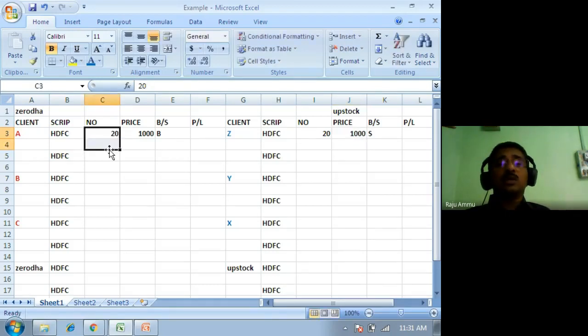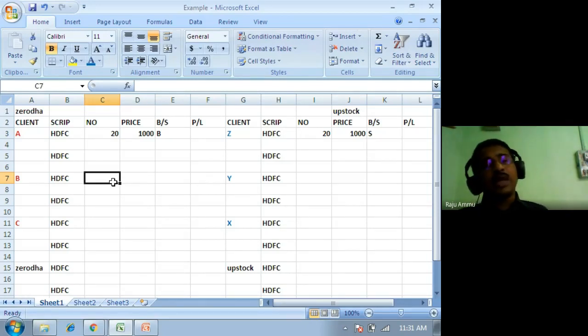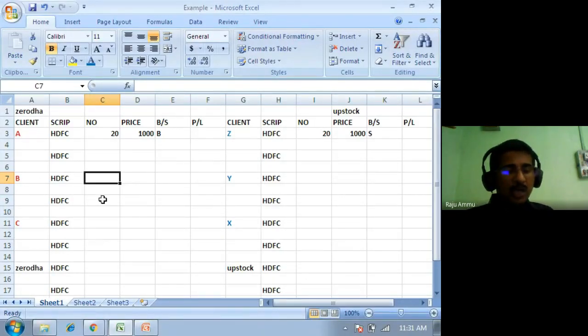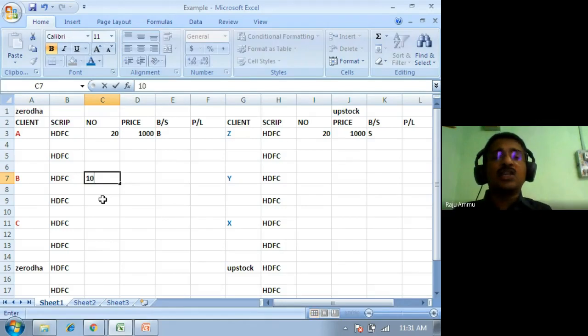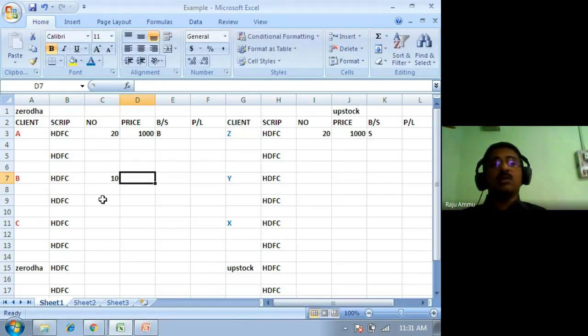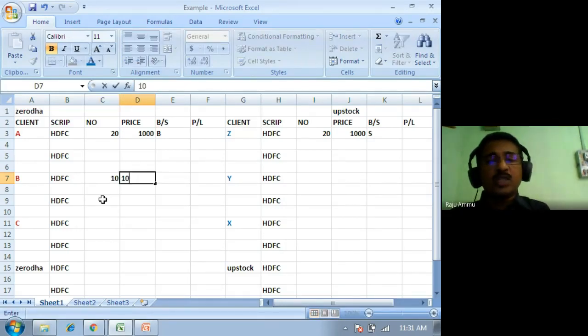Okay, friends. Now, HDFC, client B at Zerodha, at another moment in the day. Sorry, he is going to sell 10 shares, 10 shares at 1050.